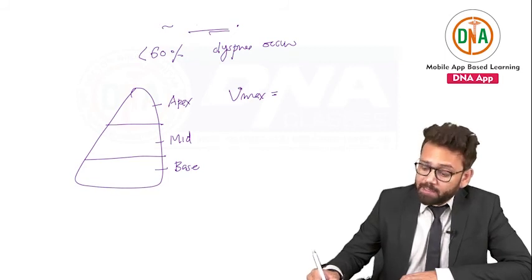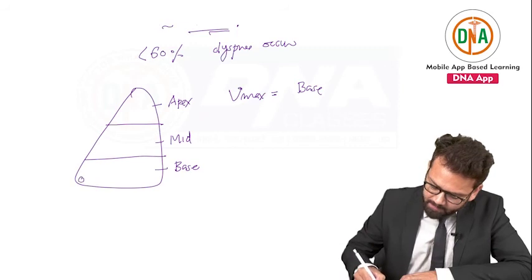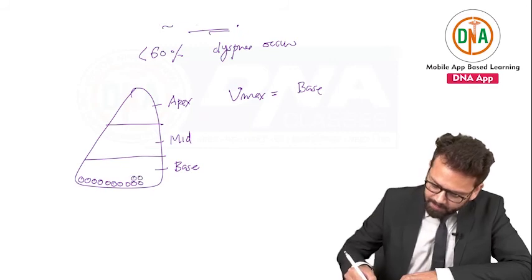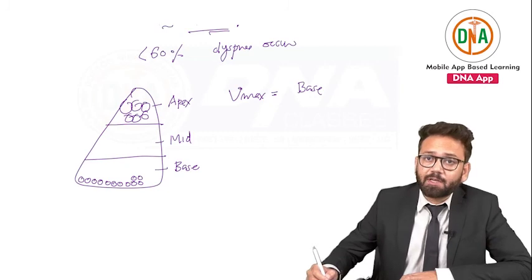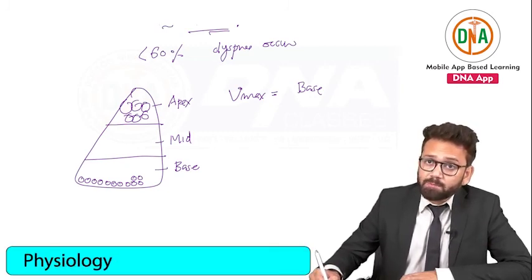Ventilation is maximum at the base. Why? Because alveoli are not bigger, they are smaller. The smaller the alveoli, the more the ventilation. And at the apex alveoli are bigger. So ventilation is maximum at the base because alveoli are smaller.